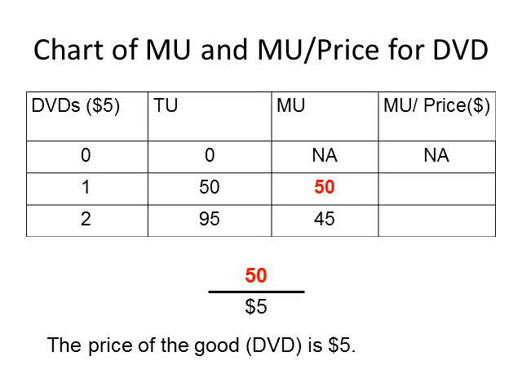Next step, substitute in 50, the marginal utility of the consumption of 1 DVD. We're going to divide 50 by 5, which gives us 10. Once again, the price of our good continues to be $5. So the next thing we're going to do is substitute 45 in for the marginal utility. We will divide that by 5. 45 divided by 5 is 9.